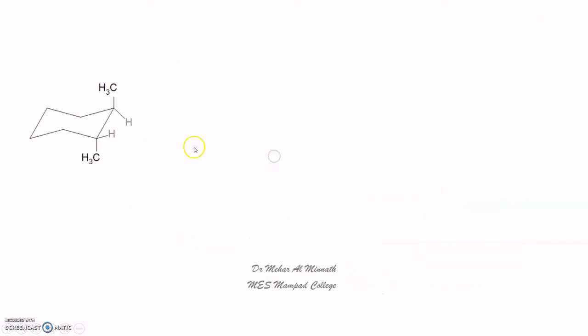Now let us take the AA form. Now in AA form, if we number the carbon atoms 1, 2, 3, 4, 5, 6, 7 and 8, 7 and 8 for the substituents. Now you take the butane units with respect to the carbon 7 substituent. Now you see here you have 7, 1, 6, 5.